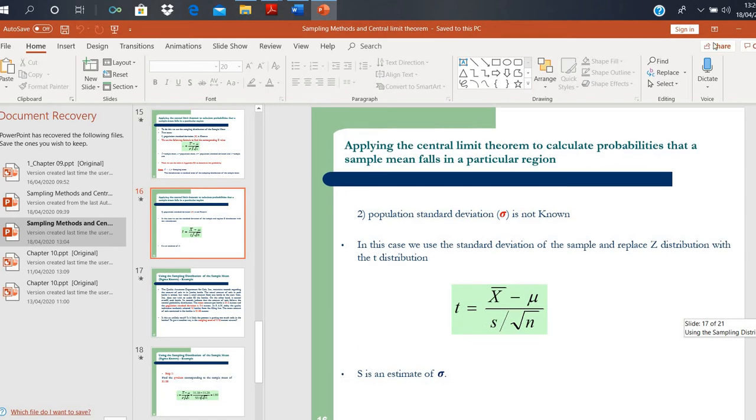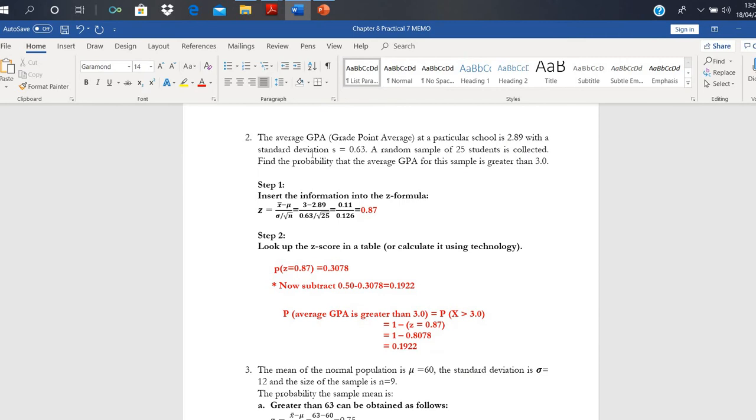It's very clear. So now in our example here, the population standard deviation is known and the population mean is known. We have the sample size, and we are asked to find the probability that the average GPA for this sample is greater than 3.0.